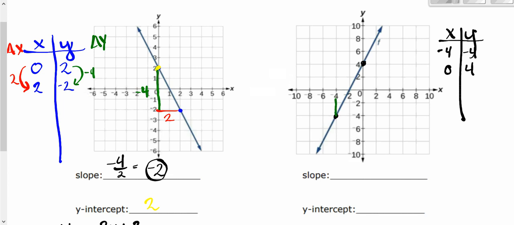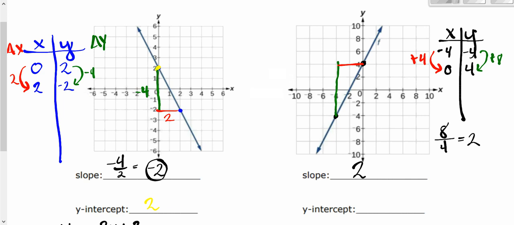So to find the change in my y, from negative 4 to 4 is plus 8. And to find the change in my x, from negative 4 to 0 is plus 4. And as a slope, I'll have 8 over 4, which equals 2.